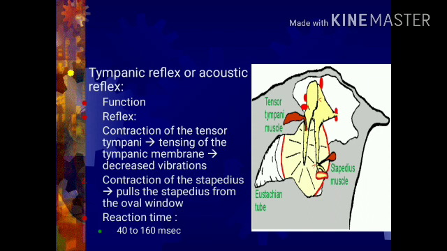In the same way, there is contraction of the stapedius, which pulls the stapes from the oval window. Therefore, with a sudden, brief, extremely loud sound, for example a bomb explosion or gunshot, deafness is caused in the individual because the reaction time is 40 to 160 milliseconds.